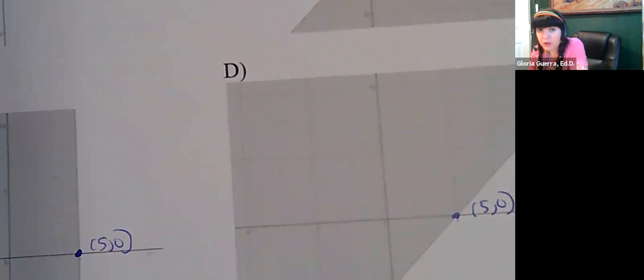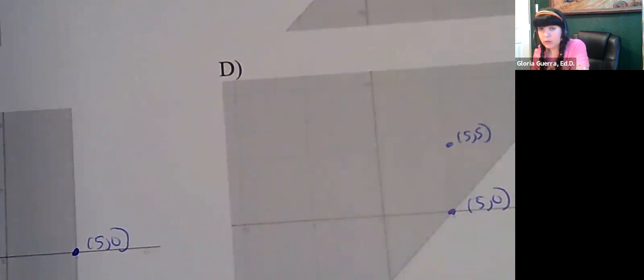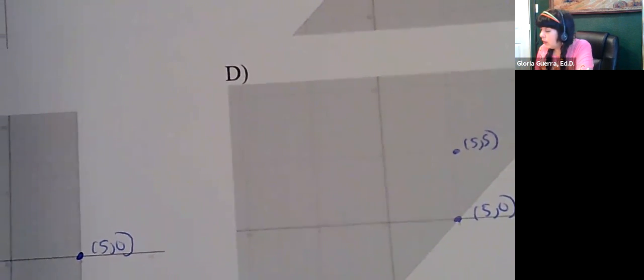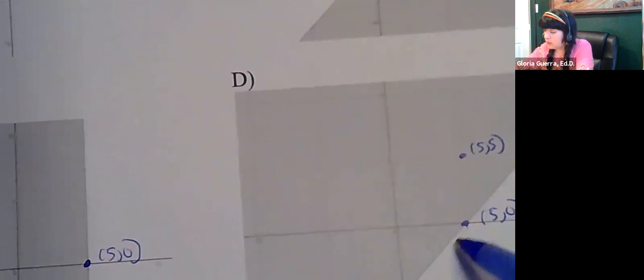And this one does look like it's a 5, 0, right? That one looks okay. And also 5, 5. That one also looks okay. But then the line though, look at the line.